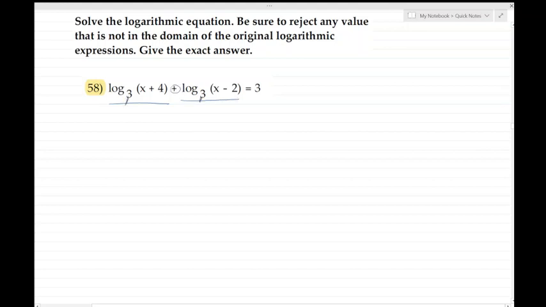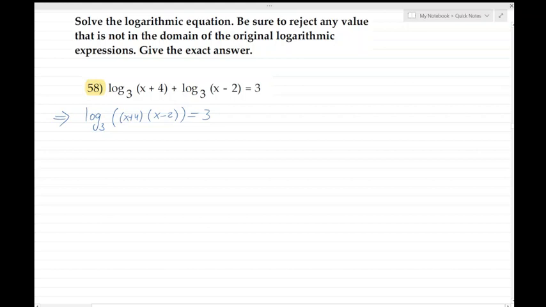So what we need to do is combine them into one logarithm and really just try to get rid of the logarithm. So log base 3 of x plus 4 times x minus 2 all equals 3.